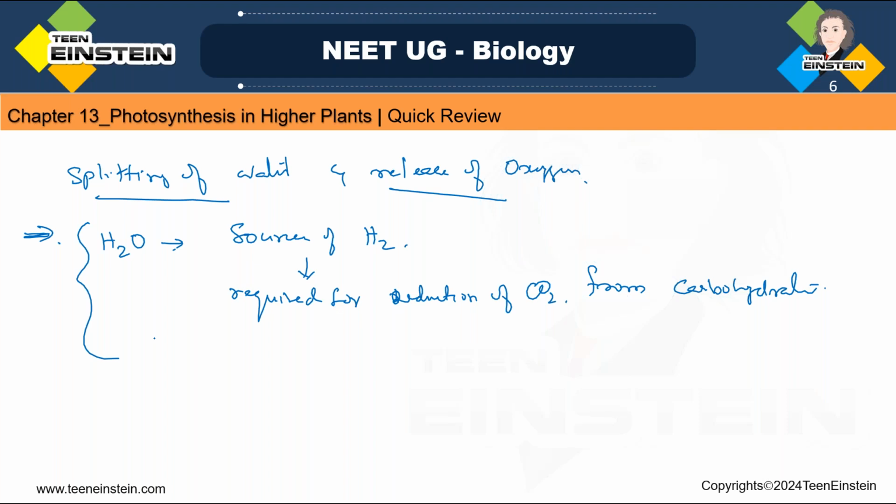So this breakage of water, this photolysis or the splitting up of water, is catalyzed by manganese. Okay, so there is a role for this manganese in this reaction. So breakage of water is catalyzed by manganese.